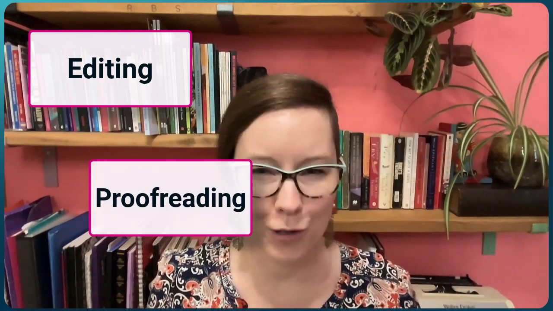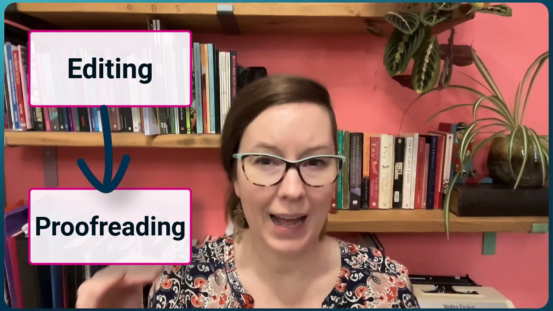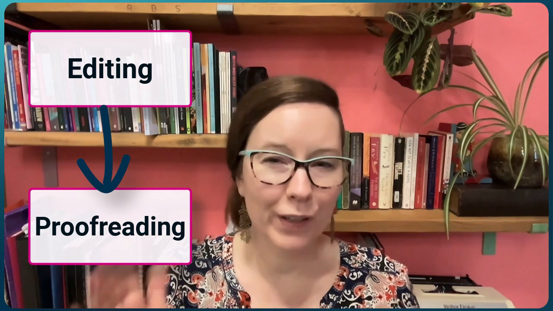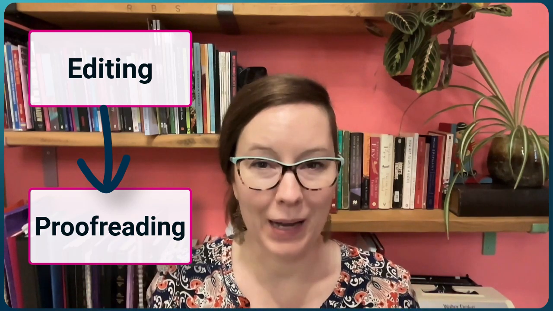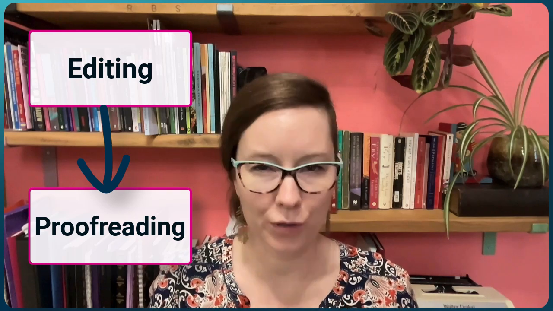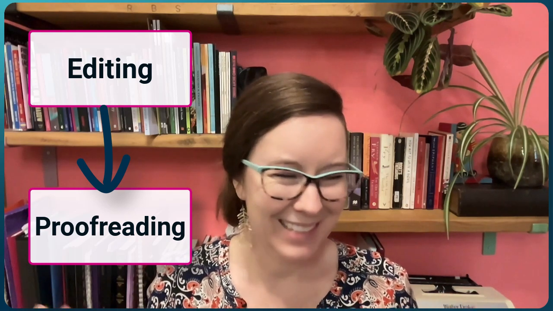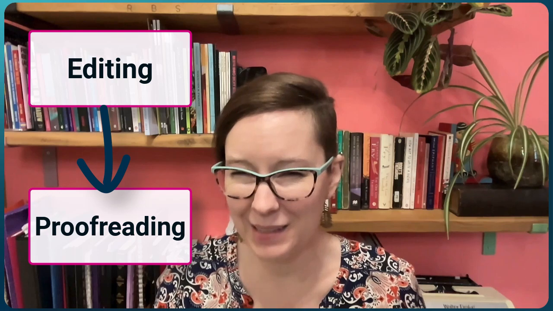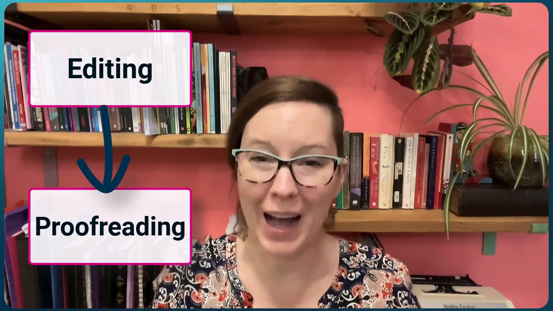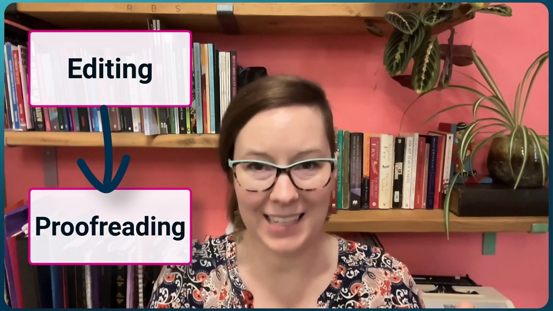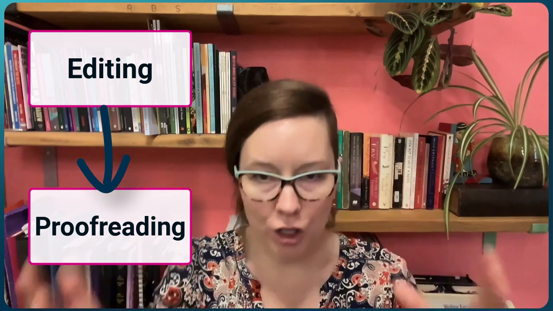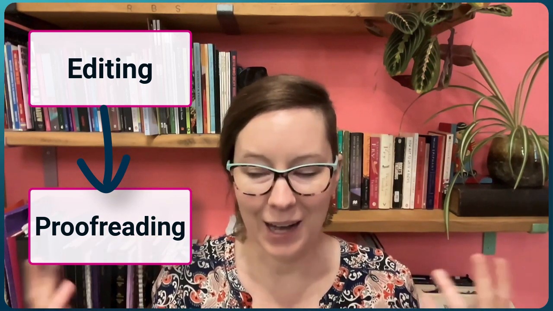If we think about editing and proofreading as being the big picture and the small picture, it makes sense that proofreading follows editing. So I would really encourage you to keep that in mind. You don't want to start proofreading and looking for tiny little sentence things before you're sure that you actually like the ideas that you have, the structure of the essay makes sense.